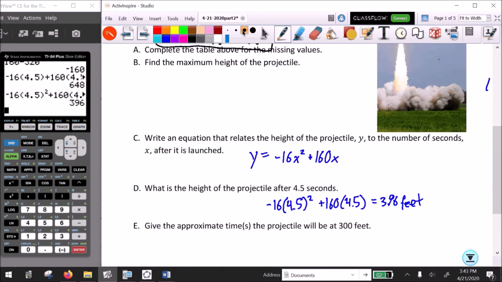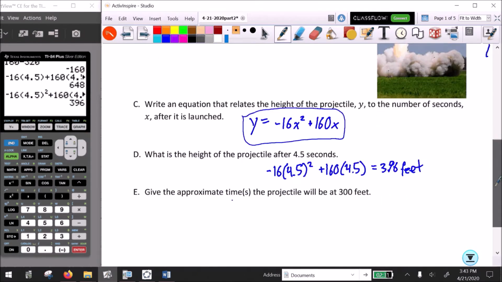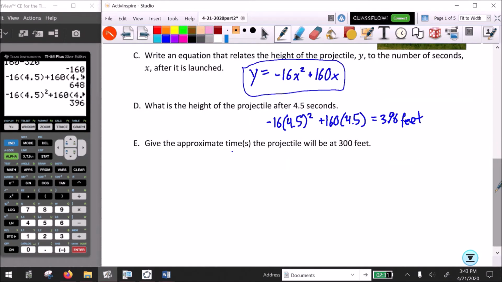I'm just going to go up to this equation here, and instead of focusing on y feet, we have to focus on 300 feet. So I'm going to replace that y with a 300. So 300 feet, and this is where the factoring comes into play. We're going to use factoring by grouping to determine the 2 times at which this projectile will be 300 feet.